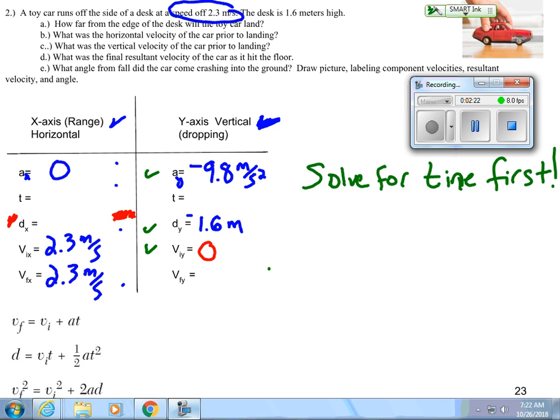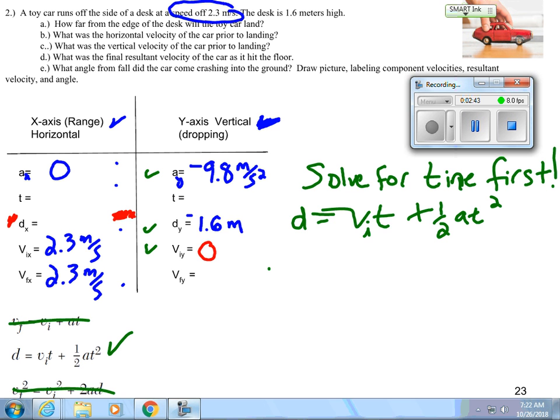All right, so how do I solve for time? Well, I have to pick an equation that does not have final velocity. Skip that one, skip that one. This is the choice. I know it looks a little complicated, but don't get freaked out. Displacement is equal to v initial t plus 1/2 a t squared, and these are all in the y-axis.